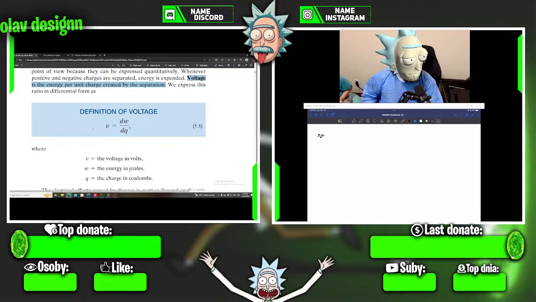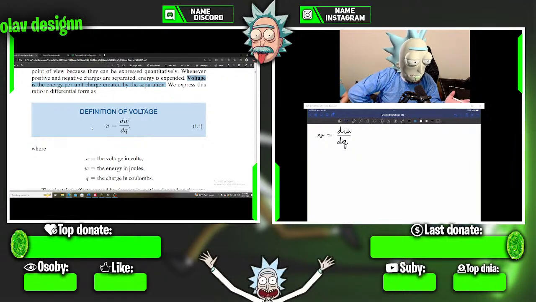Voltage, V. V is from volts. Now don't be scared about the dW over dQ here. What does that mean? You see this notation in math. It's typically a derivative, Leibniz notation.